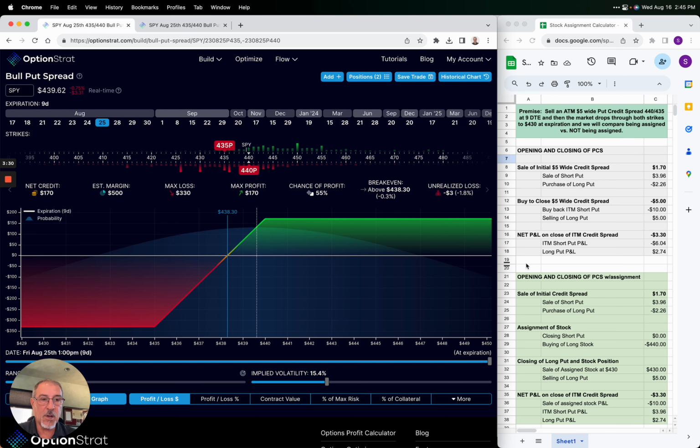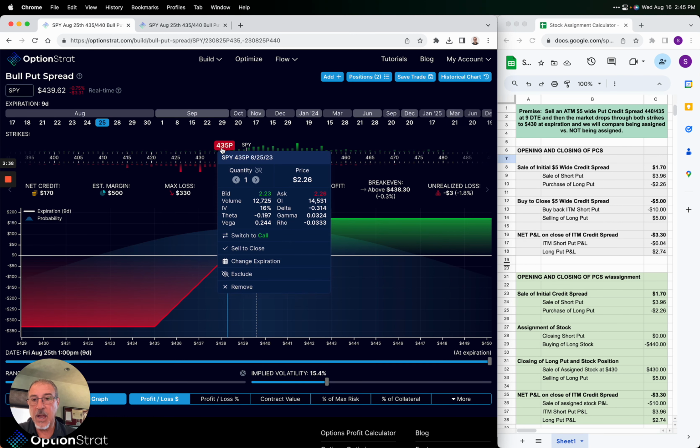That's a $10 difference, so we're going to have to pay $10, but our long put at 435 is $5 in the money. The difference between 435 and 430, of course, is $5. So we'll be able to get money for that long put, giving us a net of $5.